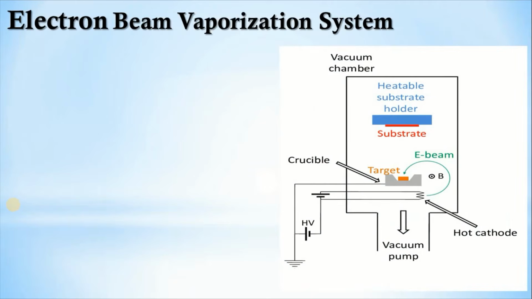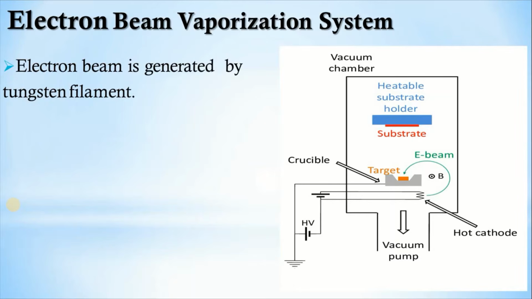The next one is the electron beam vaporization system. Here we use a vacuum chamber and a crucible, where we give a high voltage supply, and the electron beam is generated and deposited on the target. This electron beam is generated with a hot cathode, and we use a tungsten filament.